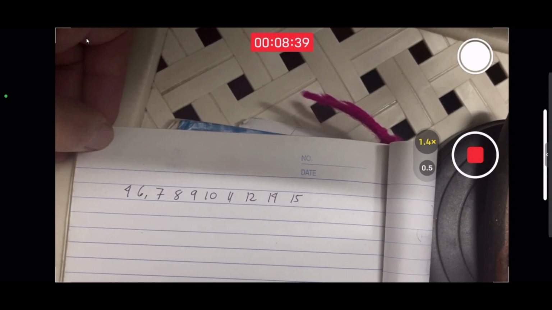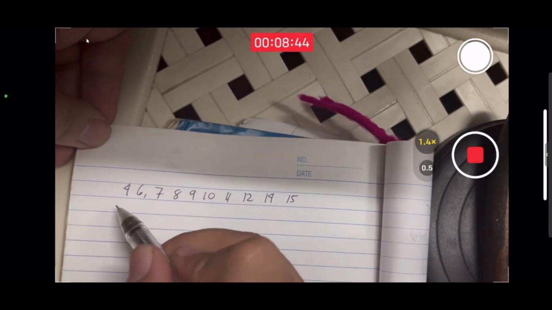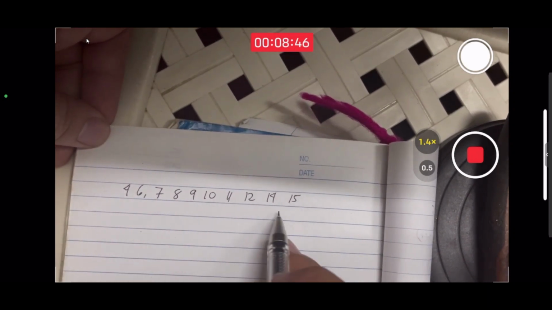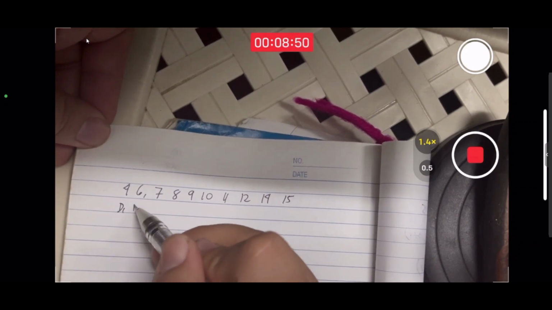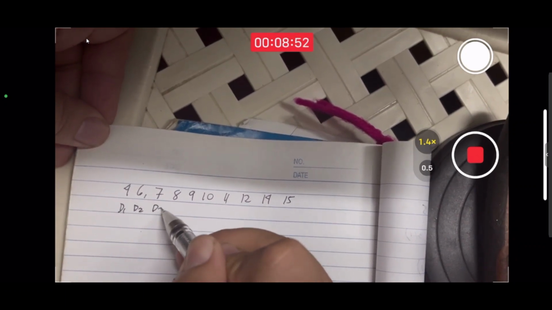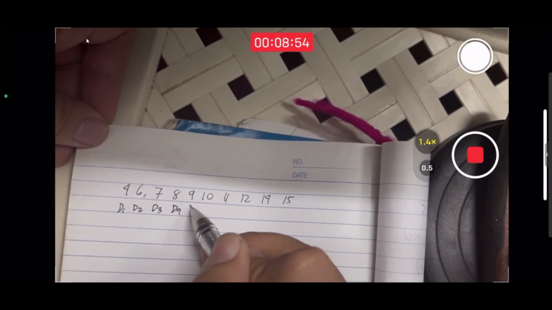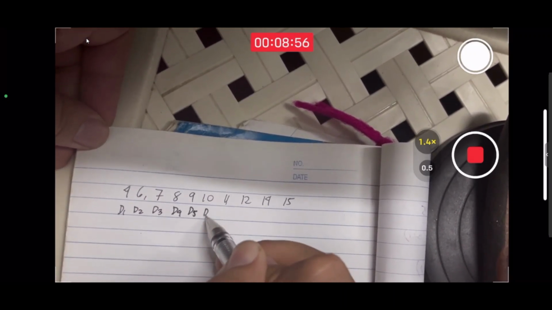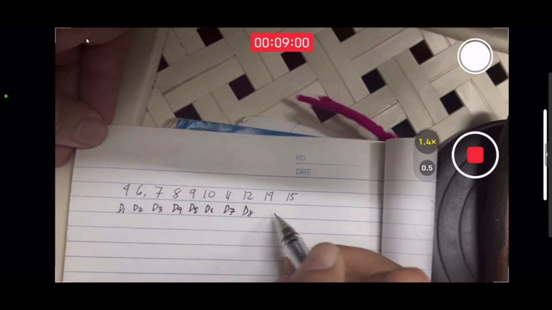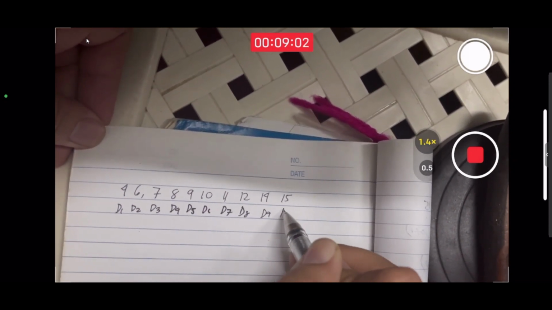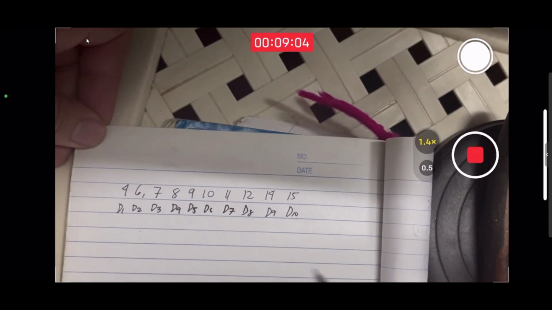Remember, the decile is divided into 10 equal parts. If these are the 10 equal parts, then your D1 will be here: D1, D2, D3, D4, D5, D6, D7, D8, D9, and then D10, because there are 10 scores.